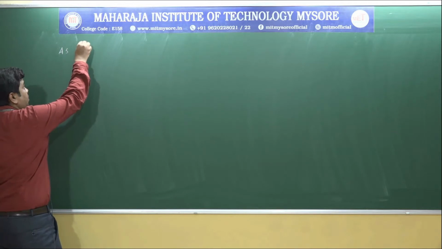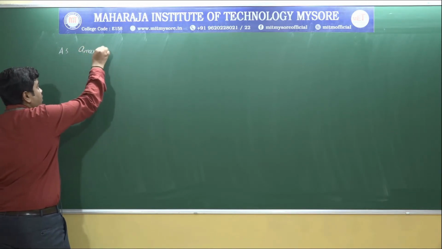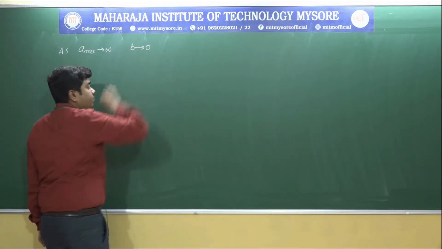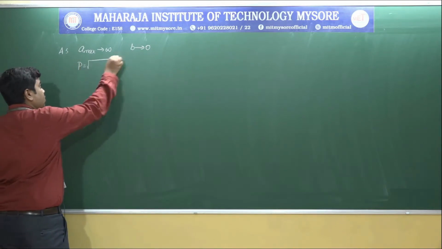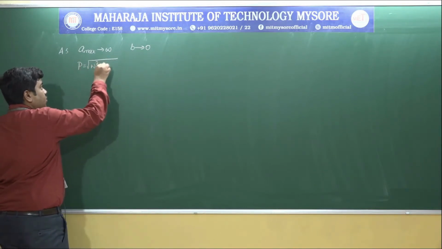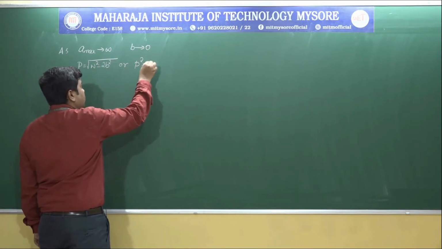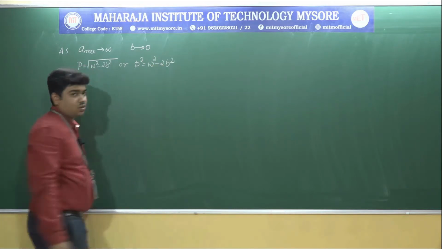As A max tends to infinity, b will tend to 0, and we know that P is equal to square root of omega square minus 2b square, or P square is equal to omega square minus 2b square.